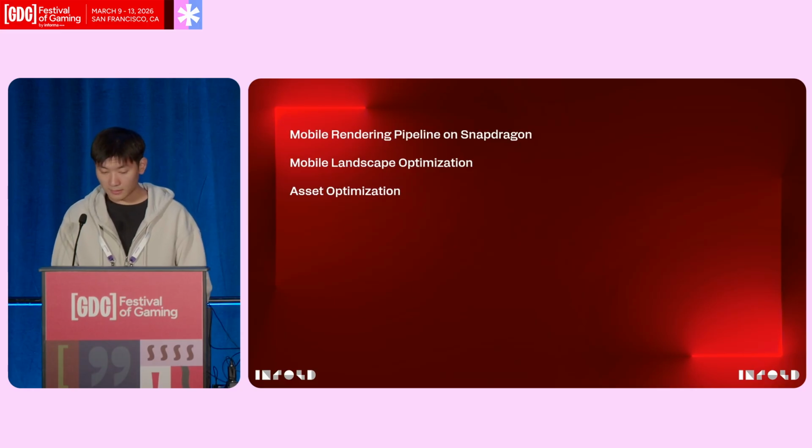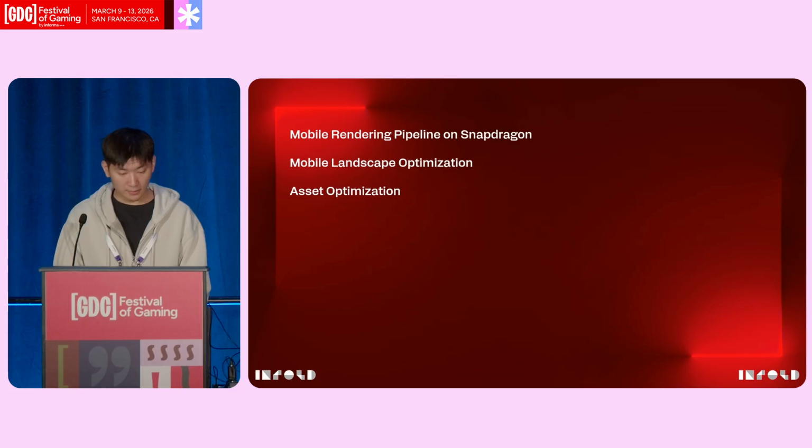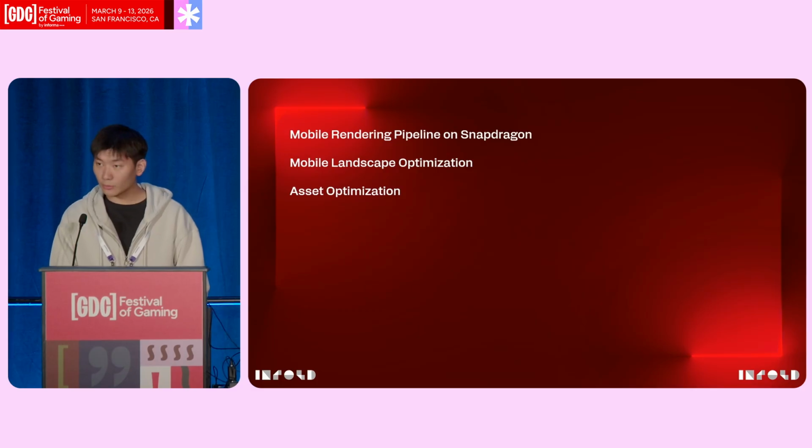There are three parts: the mobile rendering pipeline, landscape optimization, and asset optimization. Everything we will talk about has one clear goal in mind: to keep the game looking great and running smoothly on mobile. That's really important for a visually heavy game like Infinity Nikki.